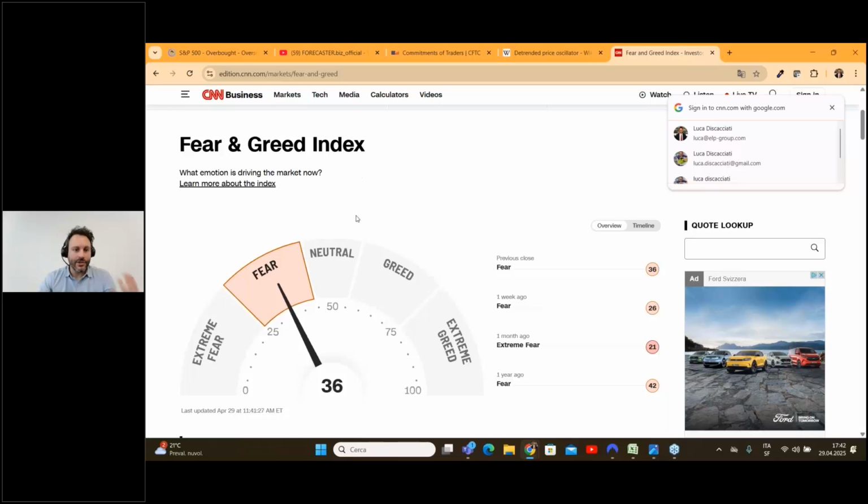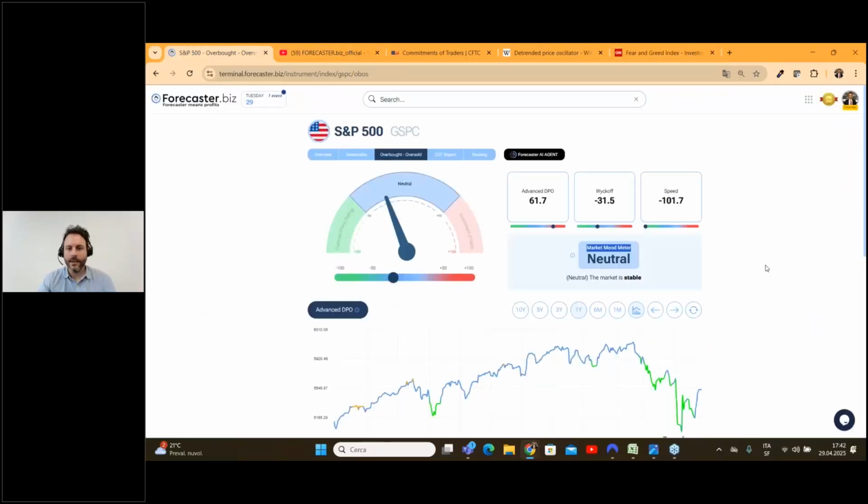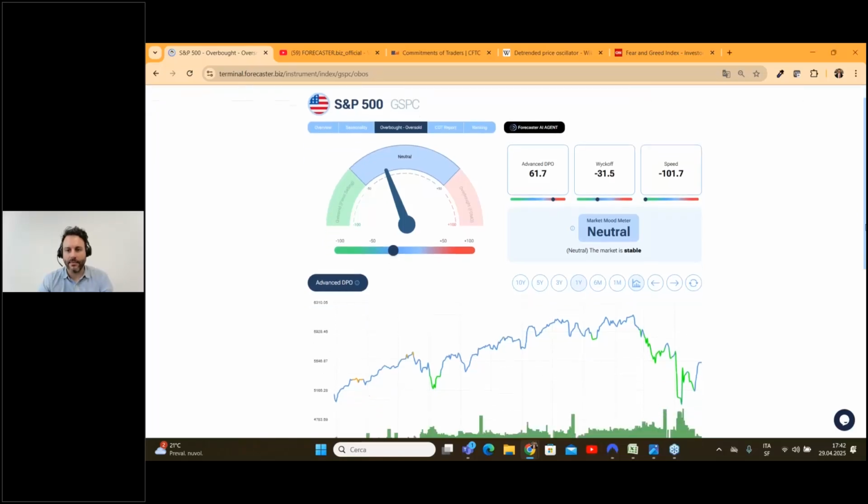Okay? In general, when on the market we have fear, it's time for a low to be made. When we have extreme greed, it's time for a top to be made on the market. Okay, this is exactly the same concept, but this indicator is created with technical, mathematical and statistical analysis.